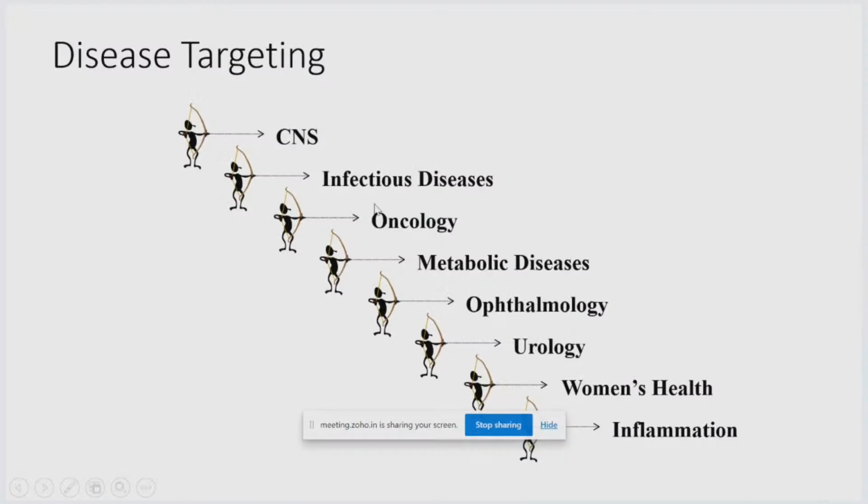A few organizations are very good at finding treatments or drugs for oncology. A few institutes are good with infectious disease, because that is their capability, their strength. A few may be dealing with metabolic disease, and some are dedicated to women's health.